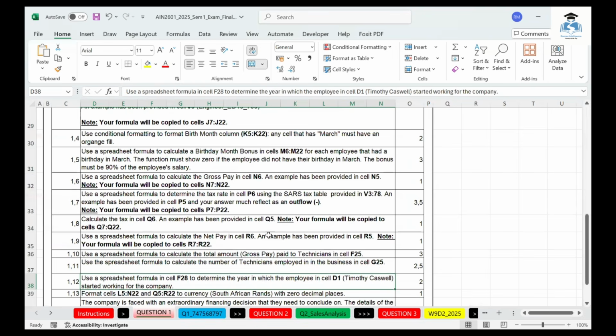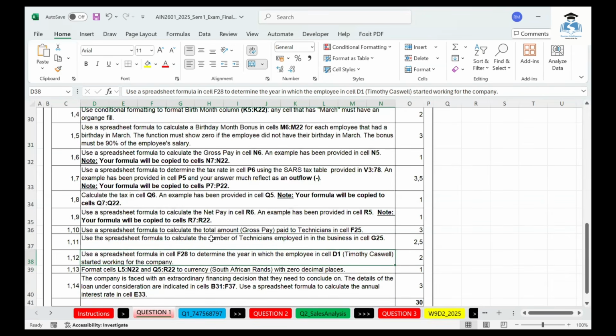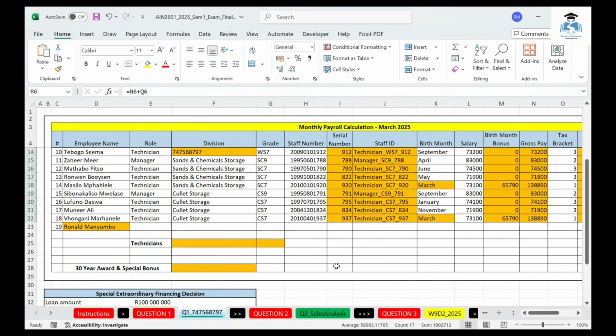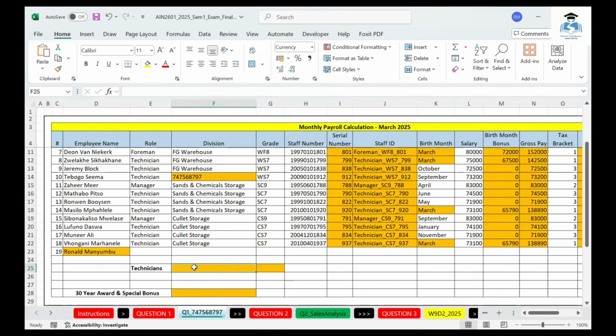Then use a spreadsheet formula to calculate the total gross pay paid to technicians in cell F25. Gross pay, what do we use?